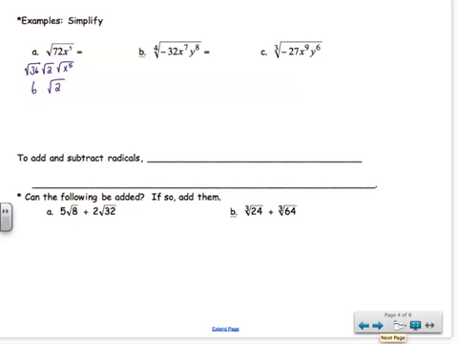Now we need to figure out what to do with our x to the 5th. So if we again think of creating perfect square factors, x squared would be a perfect square. I could take x to the 5th and rewrite it as x squared times x squared times x.